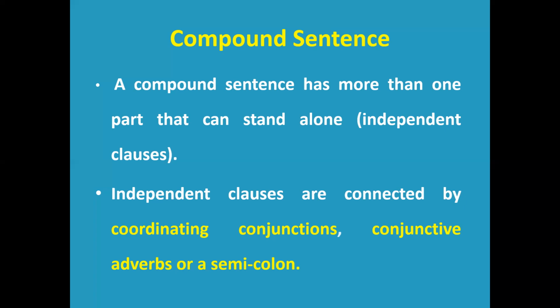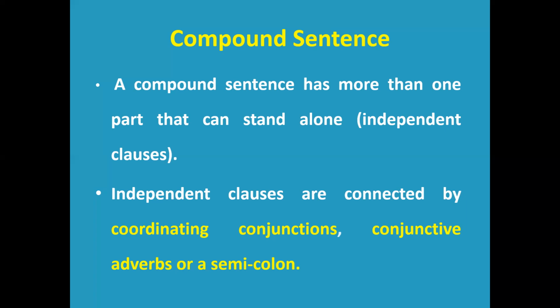According to the name independent clause, we can easily understand why we call it independent clause, because it can stand alone for the sake of meaning, and that is the most important thing. It can complete its own meaning, therefore it is an independent clause. And there is another type of clause, that is the subordinate clause. It is also called a dependent clause.